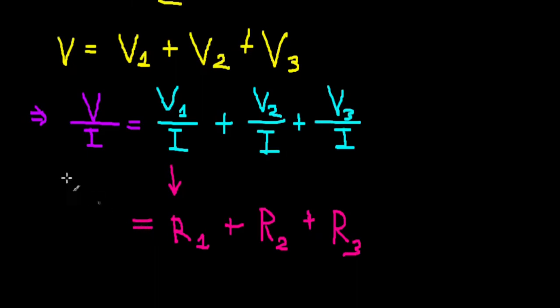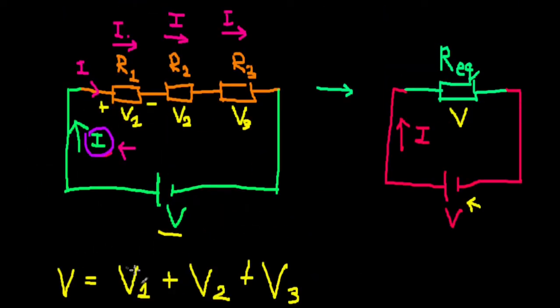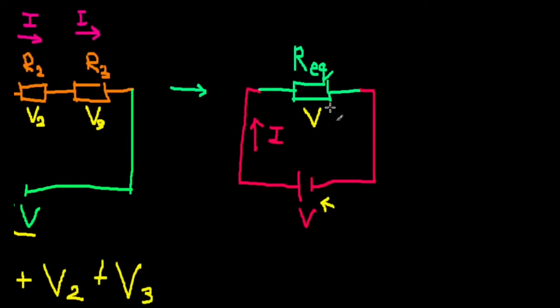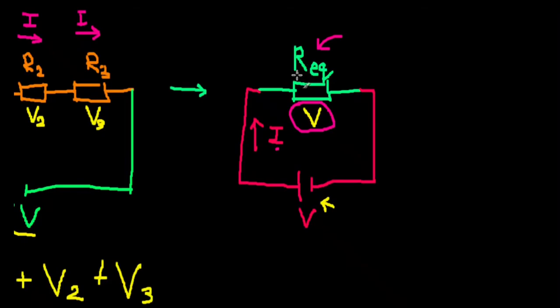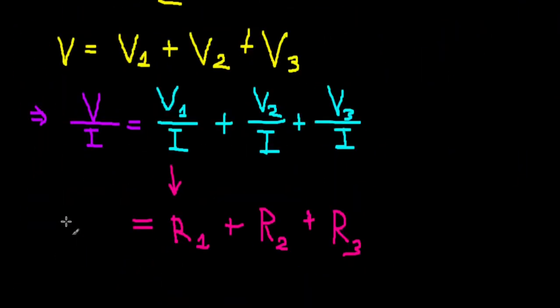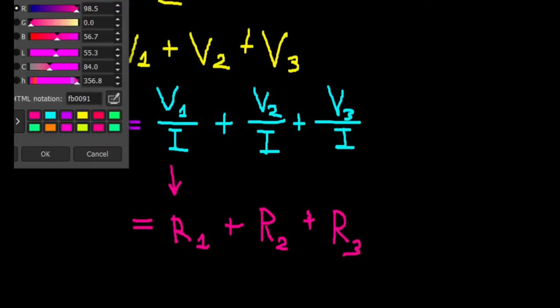And what is V by I? V was the voltage across the equivalent resistor, and it has a current of I through it, so by Ohm's law V by I has to be this resistance value R sub EQ.